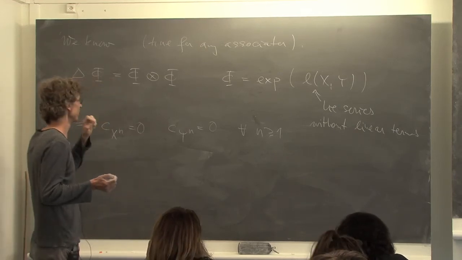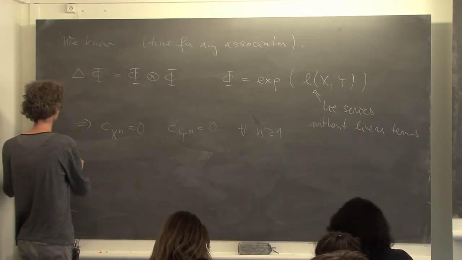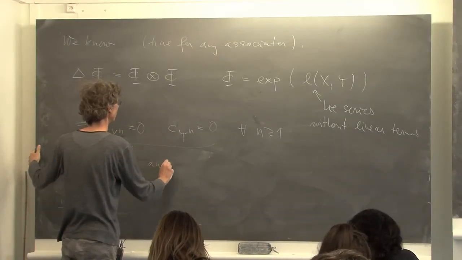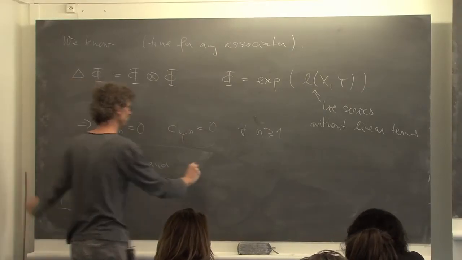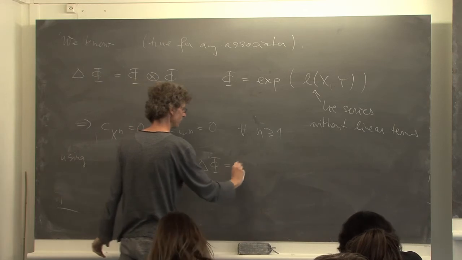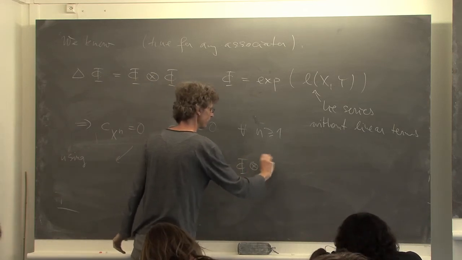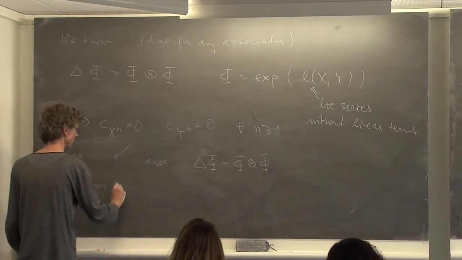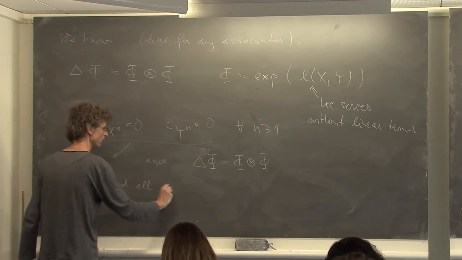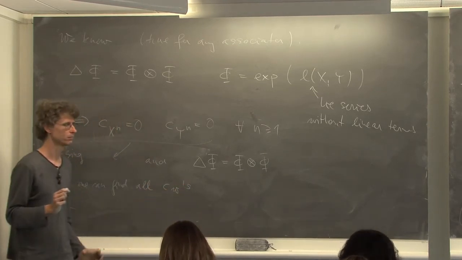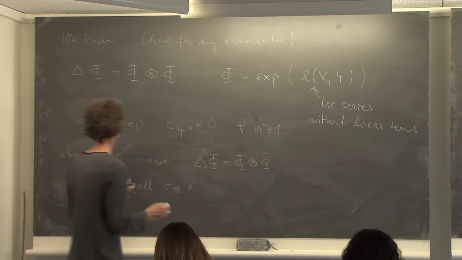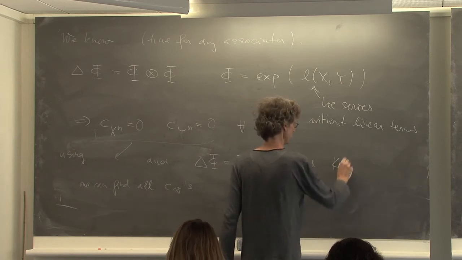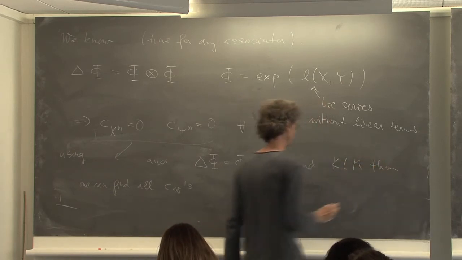Okay, and now using this and also this wonderful formula, delta phi is equal to phi tensor phi, one can determine all C_W's using this, and this, and this Kontsevich-Le-Murakami theorem or formula.